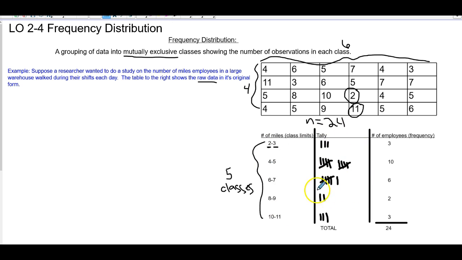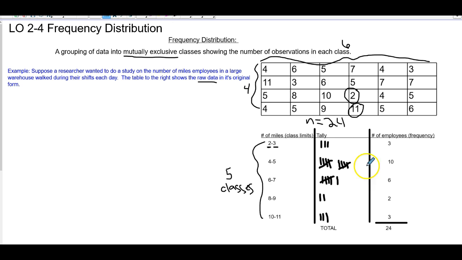So the next is the middle column, the tally, and you won't always have this tally section. I like it because it helps me stay organized when I am analyzing the data. This tally just goes through and you count and tally how many you have of each observation. And then this far right column is our frequency.